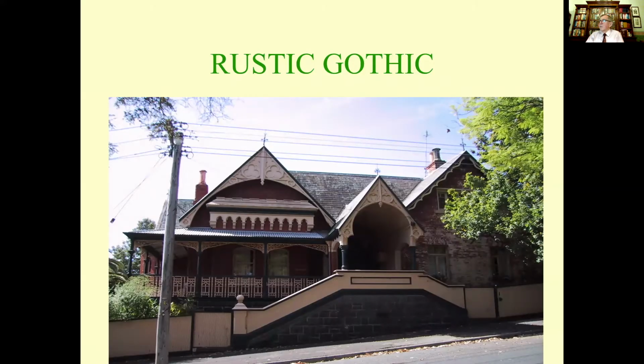Now, as well as that, there were also some of these so-called rustic Gothic houses that were built in the 1800s. And this one is in Hawthorn, and it's characterised by the fact that it's got open gable ends on the roofs here. It's got 3 open gables, which is quite different to the typical Victorian era.